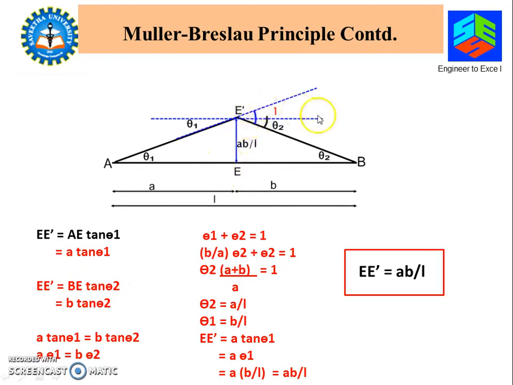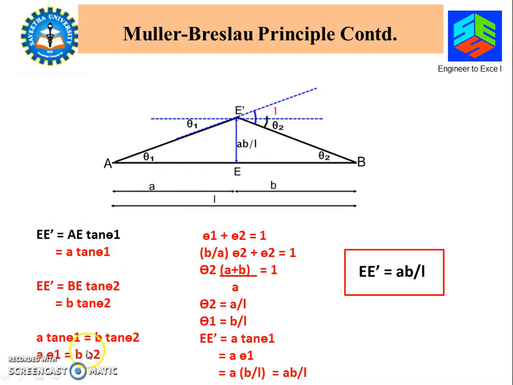Similarly, considering this triangle, EE dash is equal to B tan theta 2. Since both give the expression for EE dash, we can equate these two.